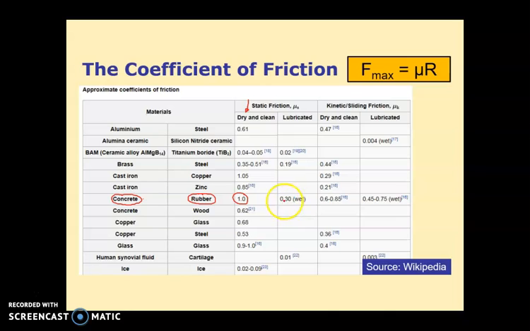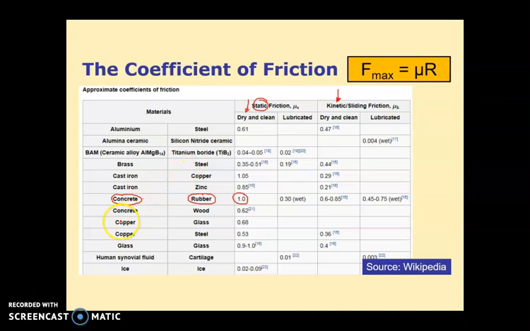And obviously if it's wet, it's lower, it's less friction if it's lower. But interestingly also, they're saying if it's moving, kinetic friction is lower as well. It's 0.6 to 0.85. And that might be something you've noticed in the past as well. Once you start moving something, it's actually easy to keep it moving. But once it stops again, you've got more of an effort. Now in maths, we only really consider the static friction, and we don't really care that the kinetic friction is likely to be lower in real life.